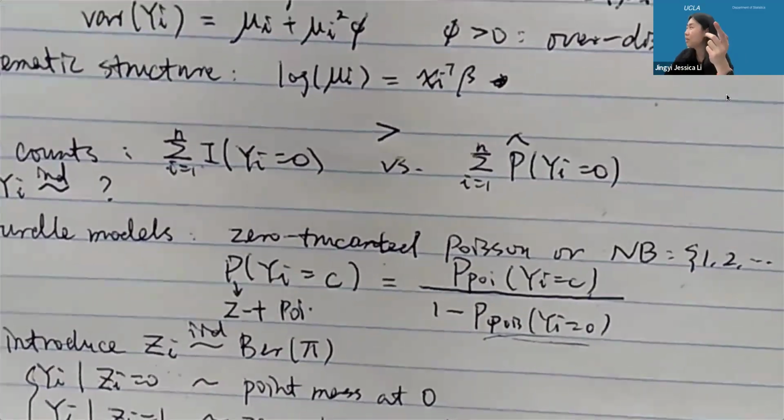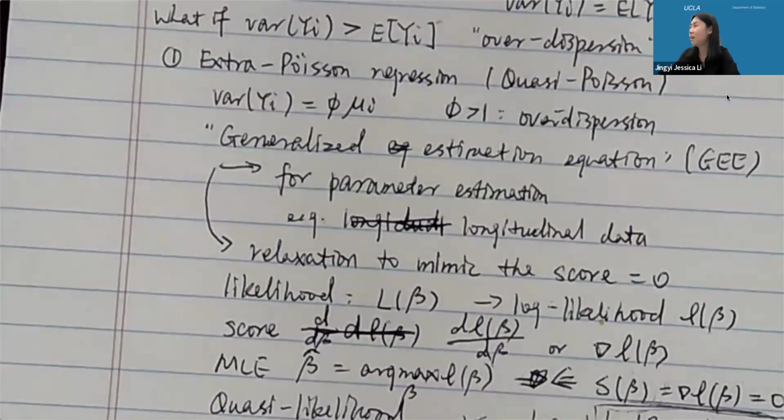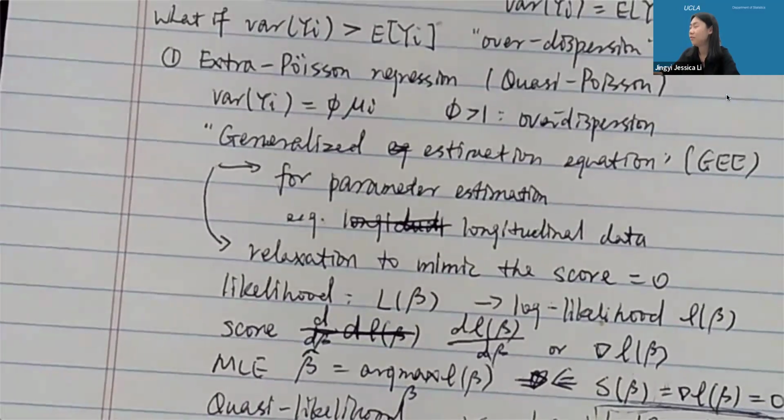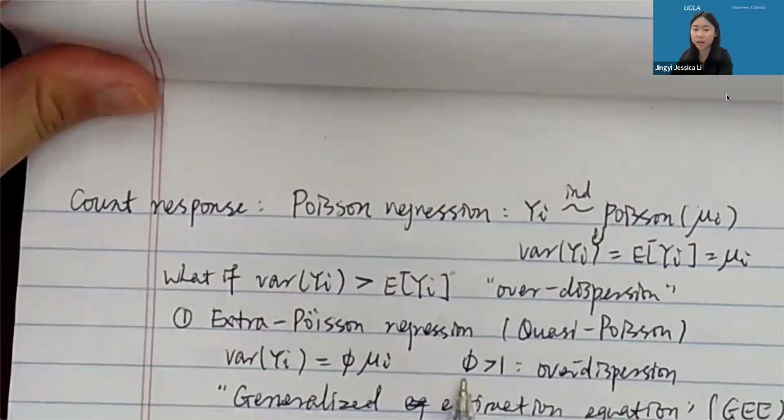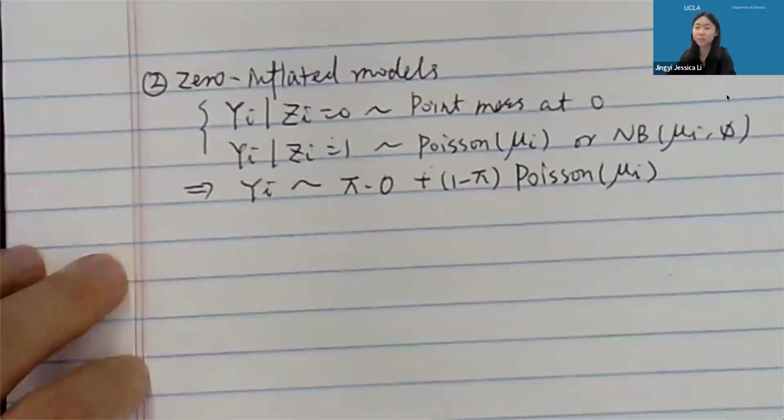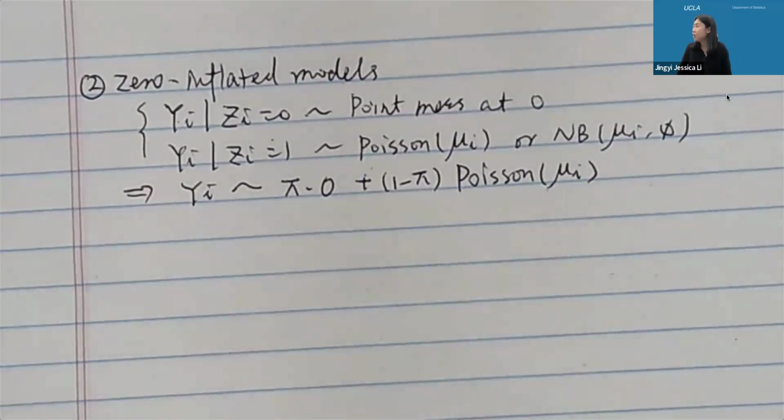This is similar to the difference between quasi-Poisson versus negative binomial. For quasi-Poisson, if you set this phi to be less than 1, you have underdispersion. But for negative binomial, you always have overdispersion. So there are many considerations for modeling choices. And also, I have to say that once you add more to your model, it will make the computation a bit more difficult.